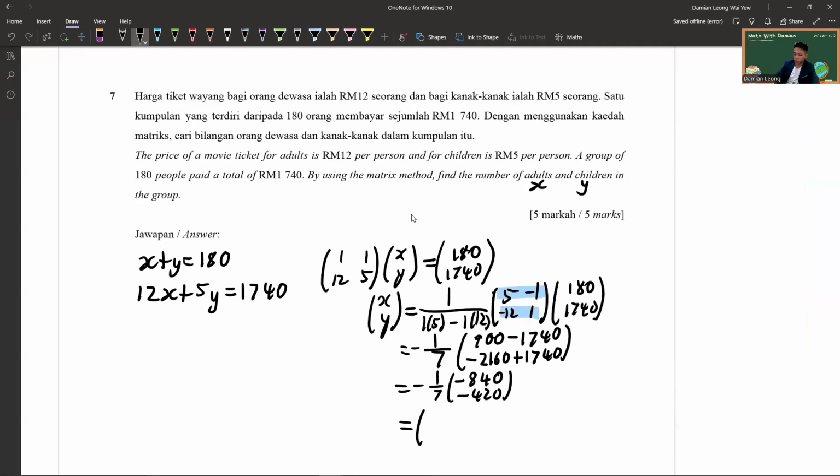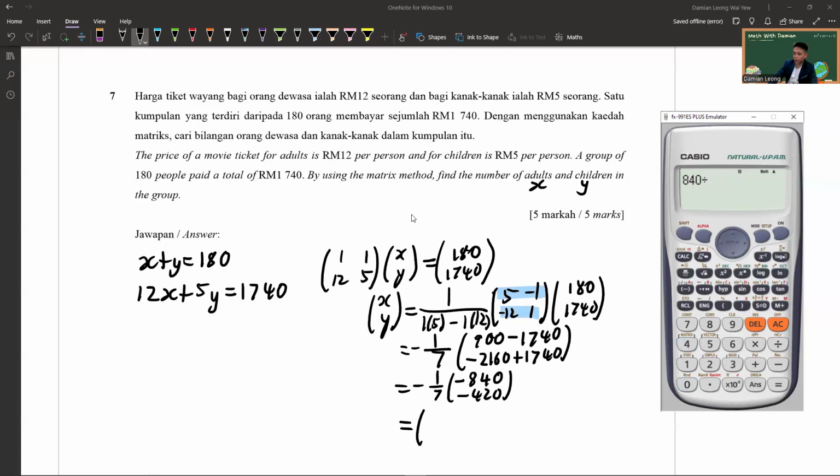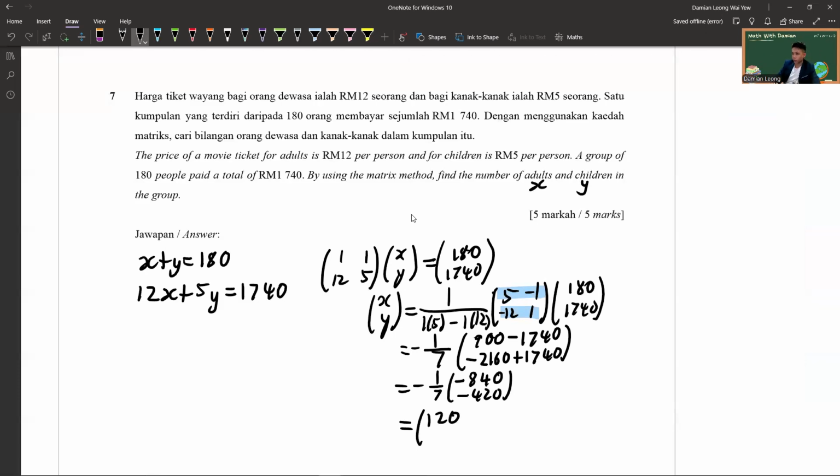Okay, sorry. So 840 divided by 7 is 120. 420 divided by 7, 60. Yeah. So 120, 60 means 120 adults, 60 children. That's the answer. Okay, that's question 7.